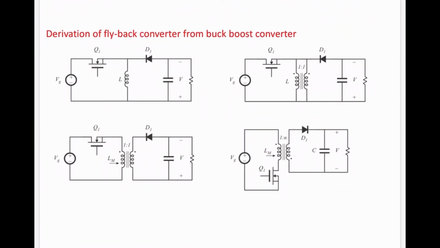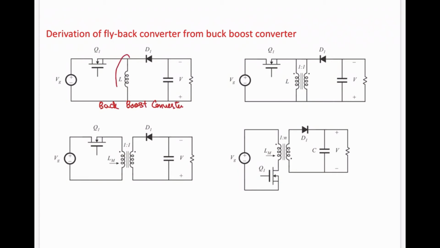So as I have already explained to you, your flyback converter is basically derived from the buck boost converter. So now we can see it over here. Here you can see the circuit diagram for the buck boost converter, simple non-isolated buck boost converter.